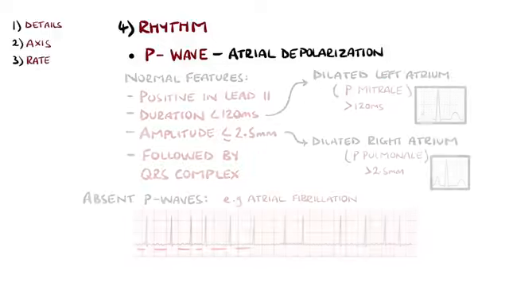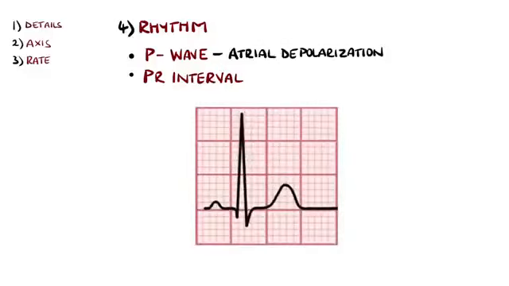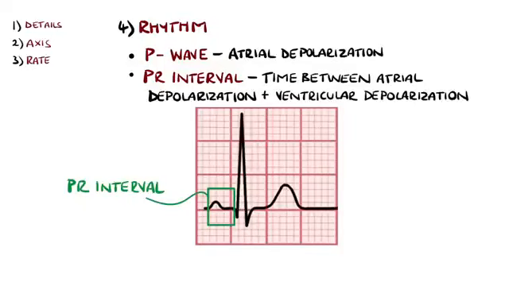The electrical activity then normally passes through the atrioventricular node, just before being conducted down into the ventricles and causing ventricular depolarization and contraction. The PR interval is the time between atrial depolarization and ventricular depolarization, and is measured from the start of the P wave to the start of the QRS complex.